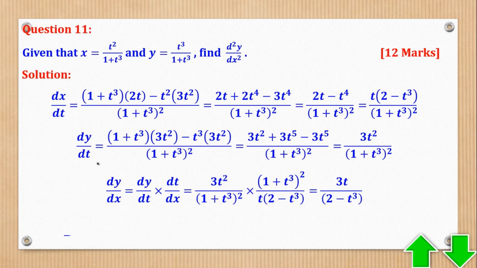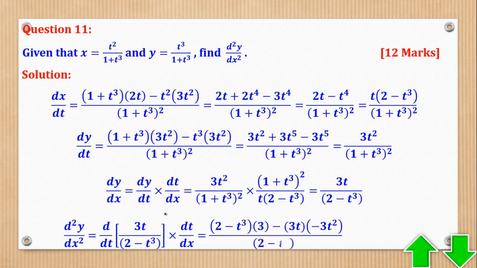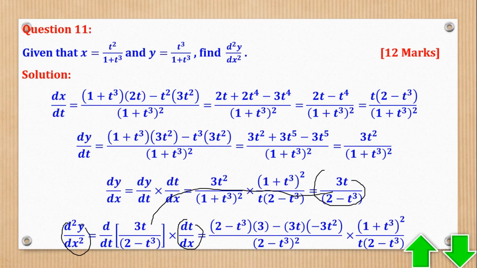That is the first derivative. What about the second derivative? For the second derivative, we are going to first differentiate this with respect to t, then multiply by dt/dx in order to get the second derivative of y with respect to x. So if I differentiate this one, I'll use the quotient rule still. Keep the denominator constant, differentiate the numerator.